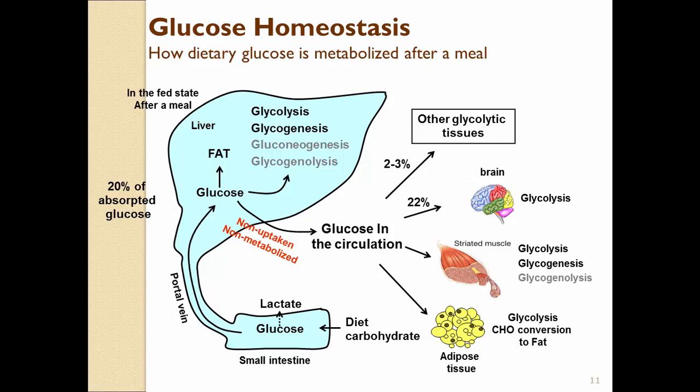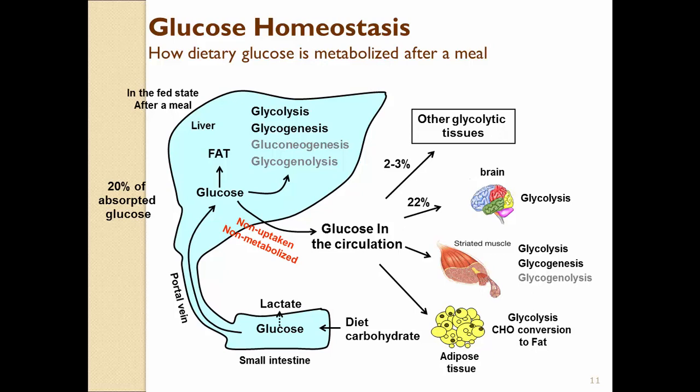So in the fed condition, glucose is metabolized through glycolysis and glycogen synthesis. Right? Does that make sense? And then, in terms of the glucose that enters the circulation, it can go to different tissues for metabolism, right?